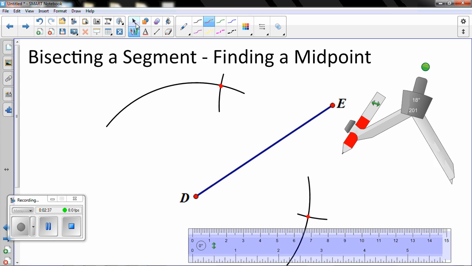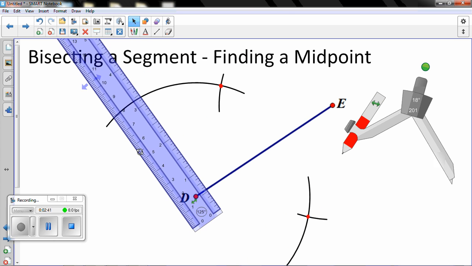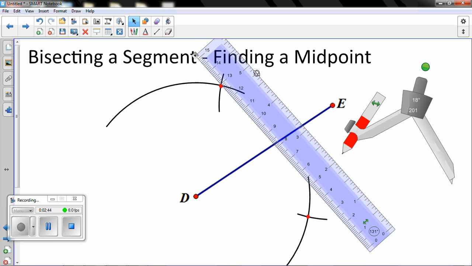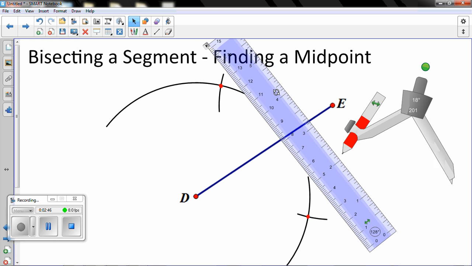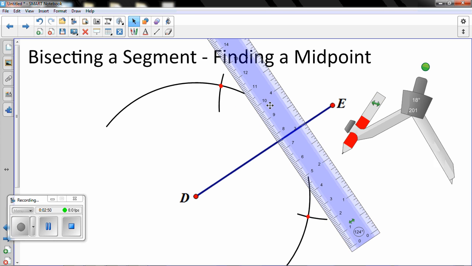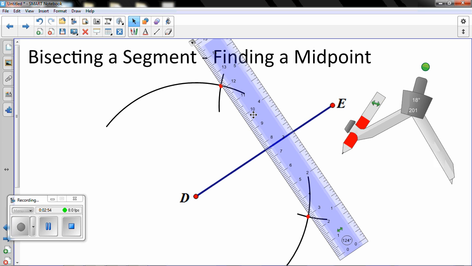Now the cool thing about this method is when you join those 2 points of intersection, you have found the midpoint, or you have found the segment that bisects segment DE, whatever I began with. So you can tell me either way. I'll show you what I mean. Okay, getting my straight edge just right.